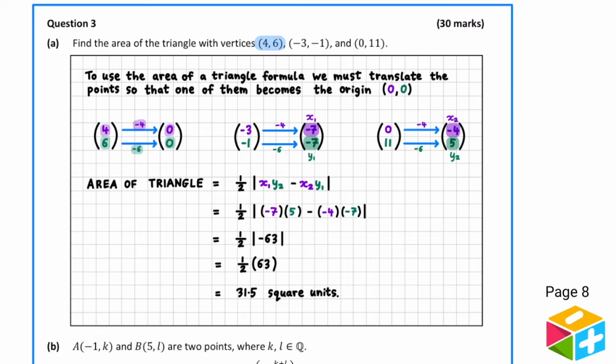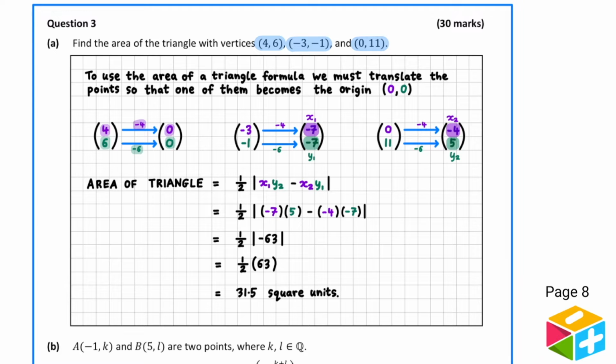This translation should also be applied to our other 2 points, minus 3, minus 1, and 0, 11. Minus 3 minus 4 is minus 7, and minus 1 minus 6 is also minus 7. So minus 3, minus 1 gets translated to minus 7, minus 7.